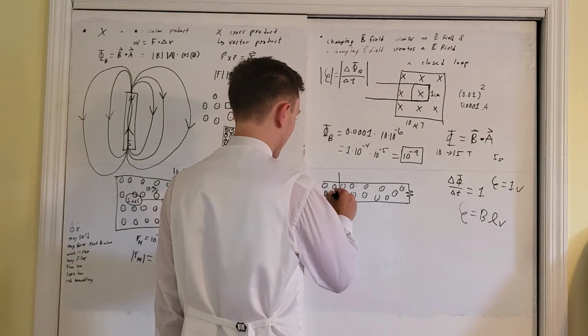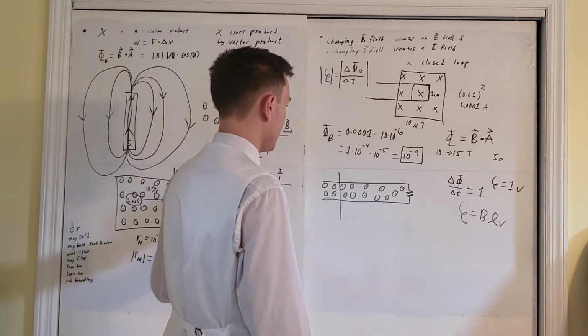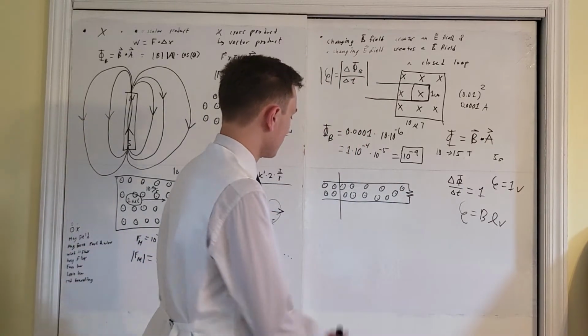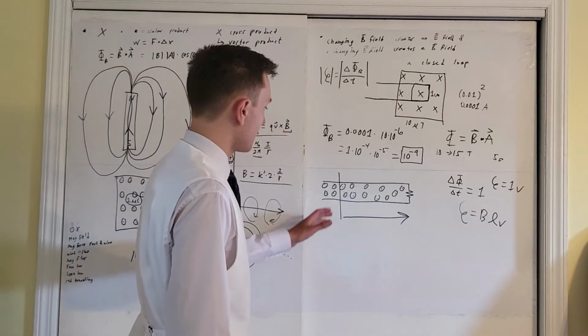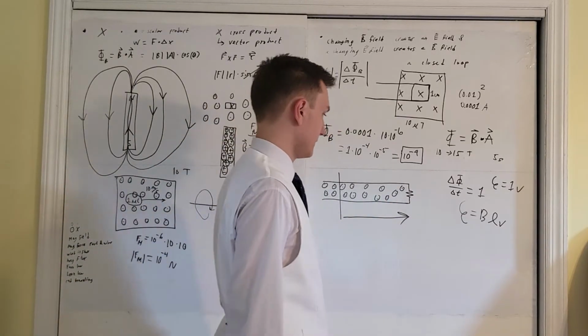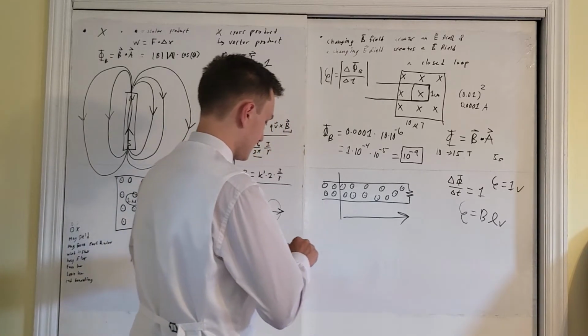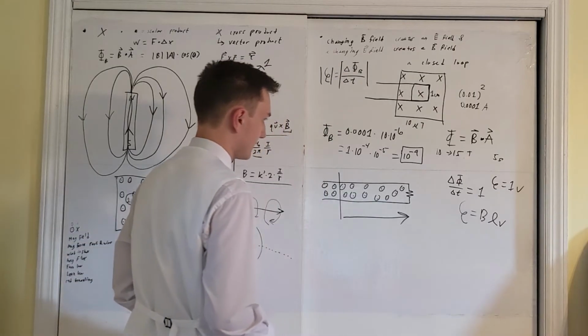Consider them rails for right now. If I were to slide this rod across the rails, that would induce an EMF in the rod. So let's try and understand how this is working.